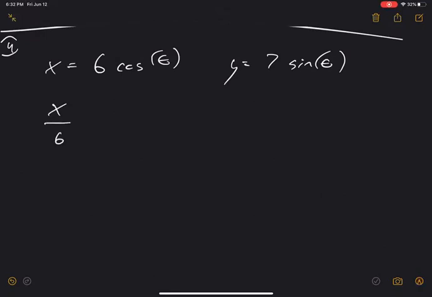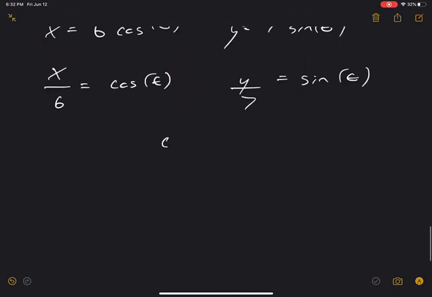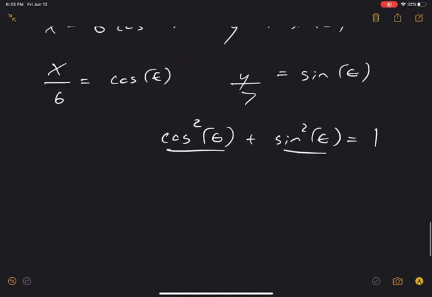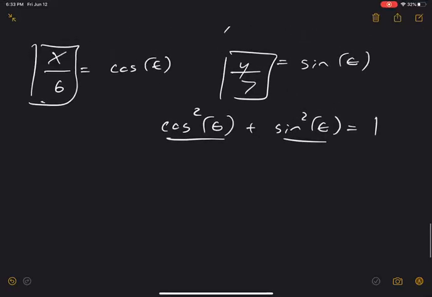If I have x equals 6 cosine theta, then x over 6 equals cosine theta. And if I have y equals 7 sine theta, then y over 7 equals sine theta. Now remember the trig identity that always works: cosine squared plus sine squared equals 1. Now just replace these trig functions. Cosine squared is (x over 6) squared, and sine squared is (y over 7) squared.